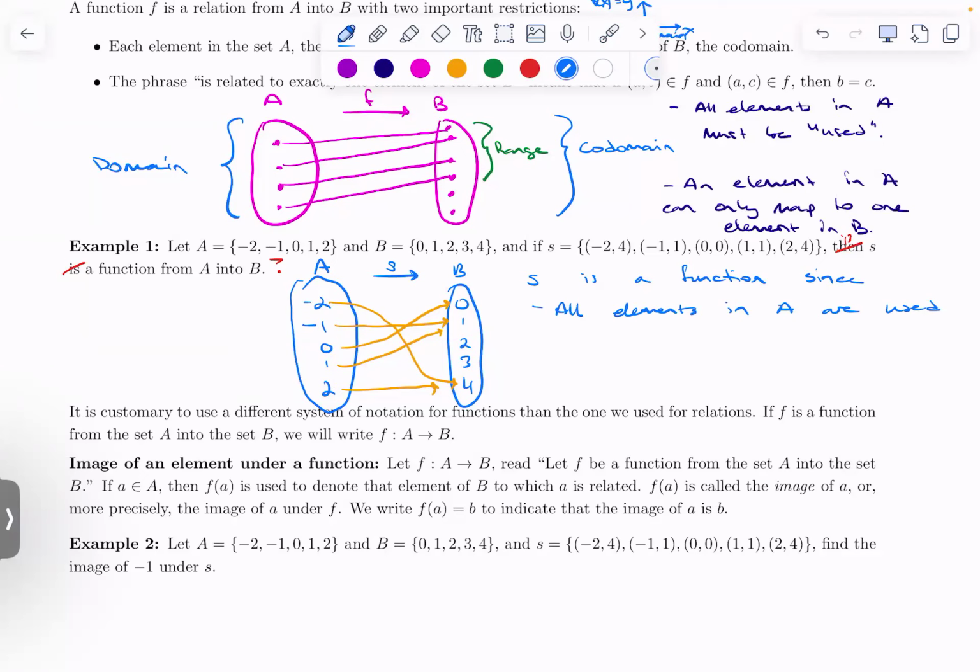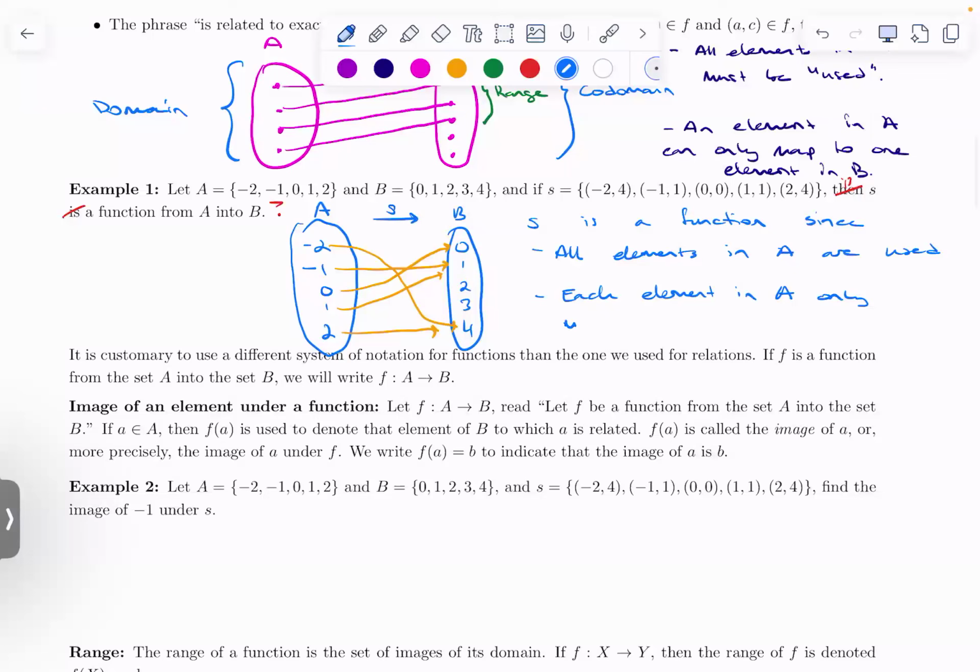B into A in this case, so the inverse of S, would not be a function. But this way is a function. So all elements in A are used, and each element in A only maps to one element in B.